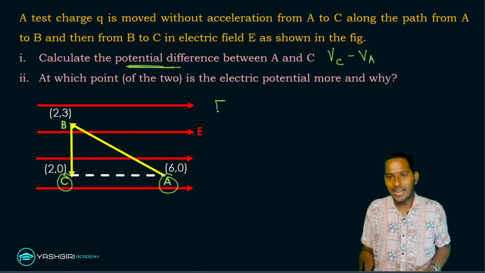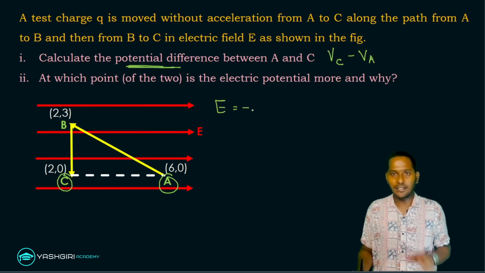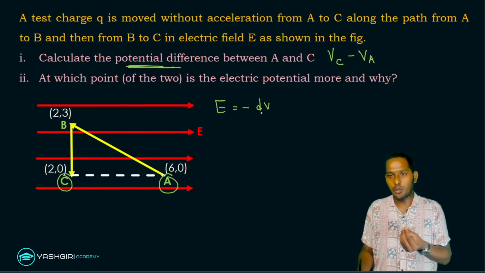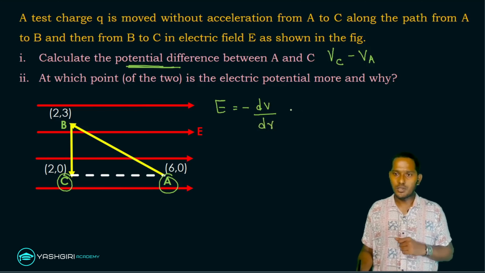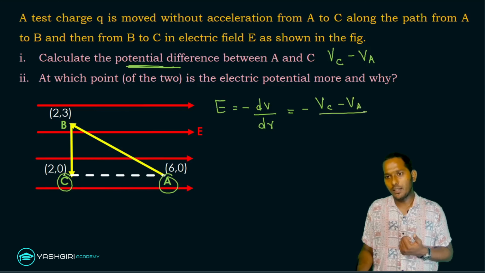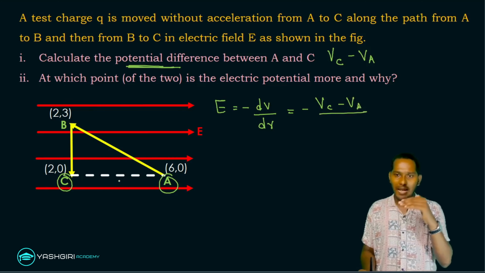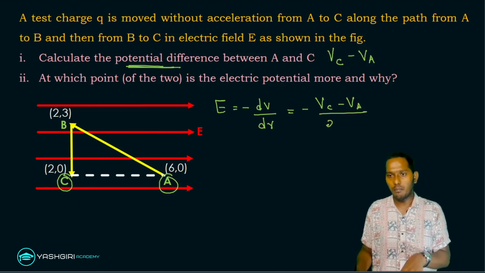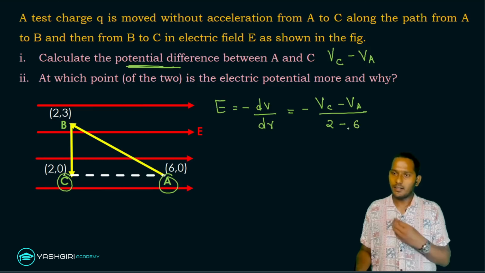So I know that, students, electric field E is nothing but the negative of the potential gradient, that is minus dV by dr, right? And in this case it will be minus the potential at C minus potential at A over the change in distance. If you just see, we are moving from A to C, so it is going to be 2 minus 6, right?